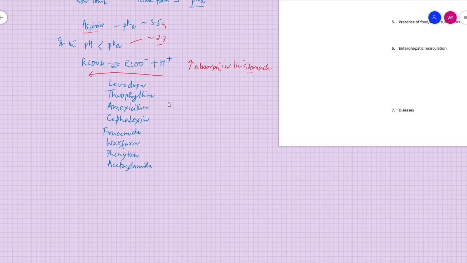That's again a diuretic. So these are the common drugs which are weak acids. They can get absorbed in the stomach.